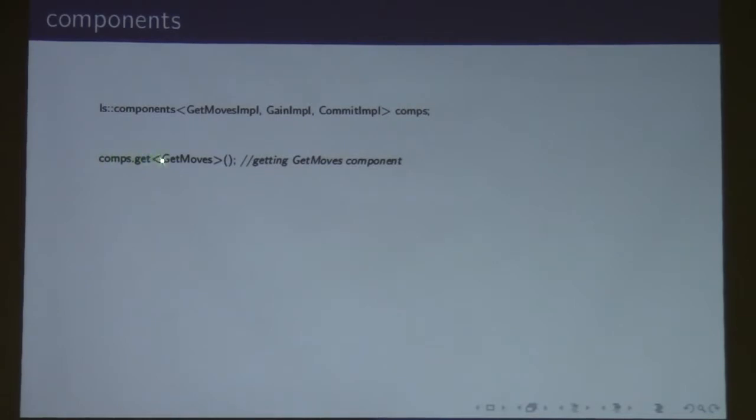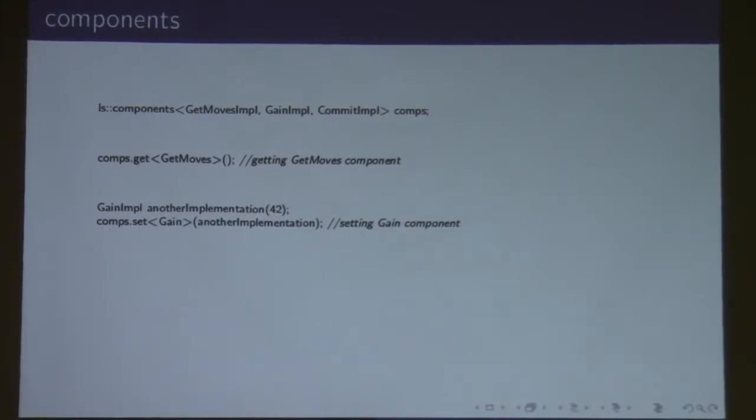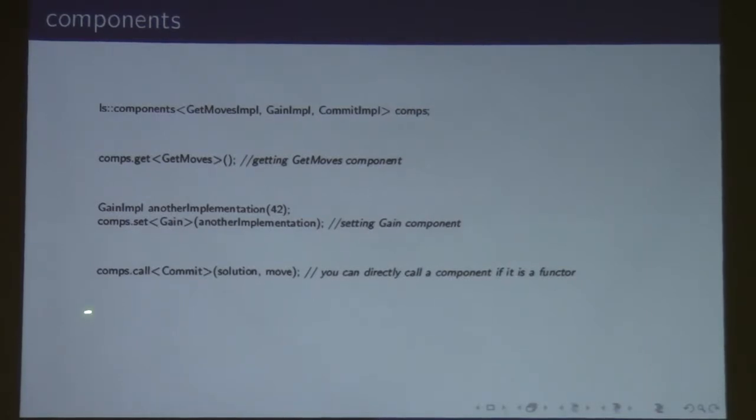We just provide the name of this component, and we can retrieve it. We can set another implementation of the components with the members set, and we provide the name of the component. And we can directly call the component, also providing the name and the arguments.